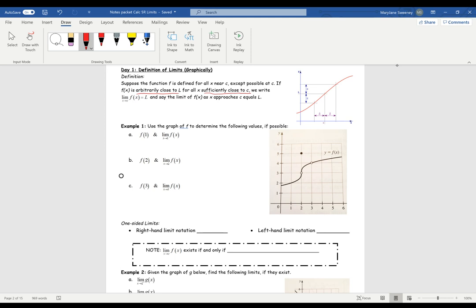So for this first example, A here, f of 1 is the exact y value when x is 1, which is 2. The limit of f of x as x approaches 1 is the y value as x approaches 1.